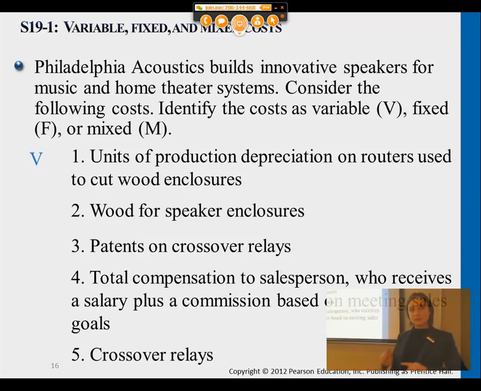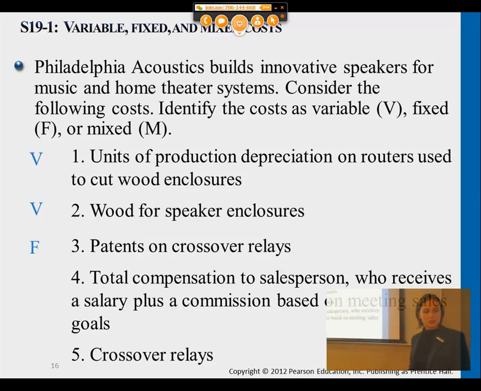We said that per unit and the total cost is different, right? So let's see. Patents on crossover relays. Fixed. Why fixed? Does not matter what the quantity is.